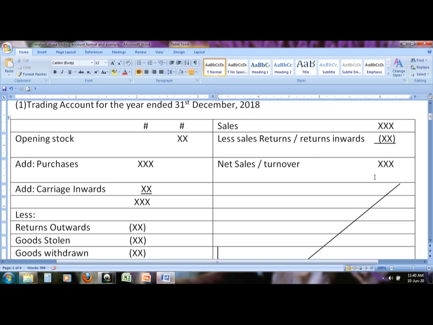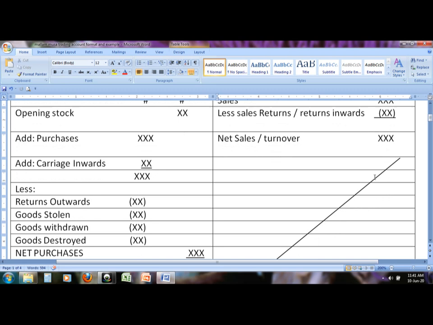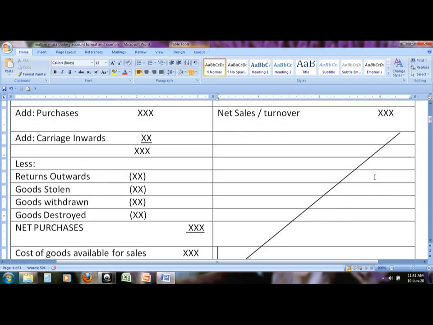If there is carriage inward, return outward, goods stolen, goods withdrawn or goods destroyed in the information given, you add carriage inward to actual purchases, and you deduct return outward or purchases returns, goods stolen, goods withdrawn or goods destroyed from actual purchases. By doing this, what you get is net purchases.